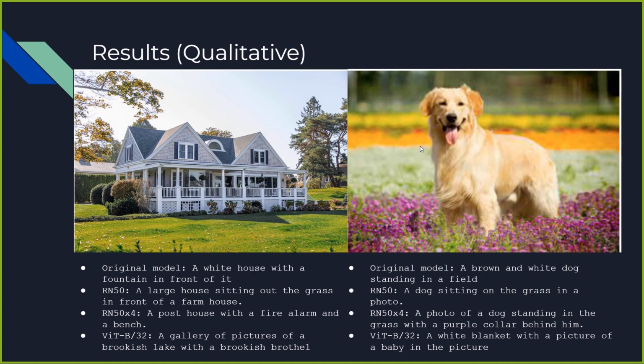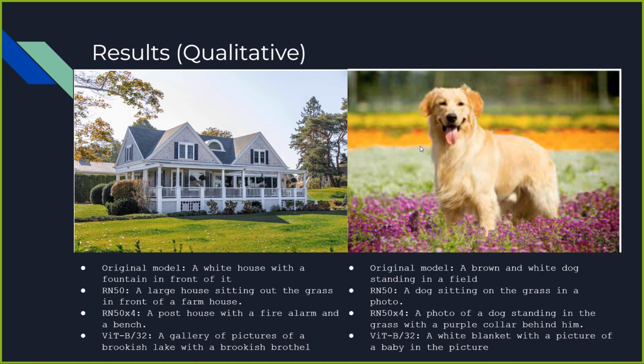Also, these are the sentences that are generated after we had these images as input. For example, the first image, which is an image of a house, the original model stated a white house with a fountain in front of it.